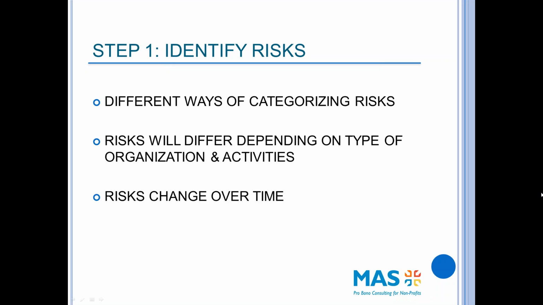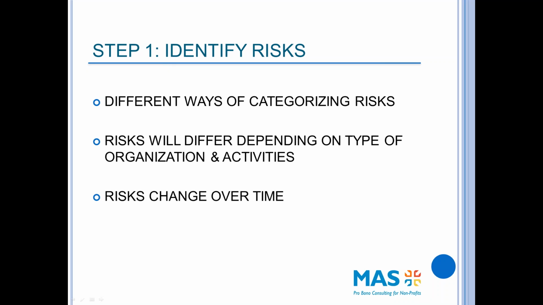Another example is if you're a charity, you would all have the risk that you're operating outside of the objects of your charity. The consequence of that would be that you might get your charitable status pulled. So that might be a common risk, but then you have to also identify what are the risks that are peculiar to your type of organization or your organization in particular.